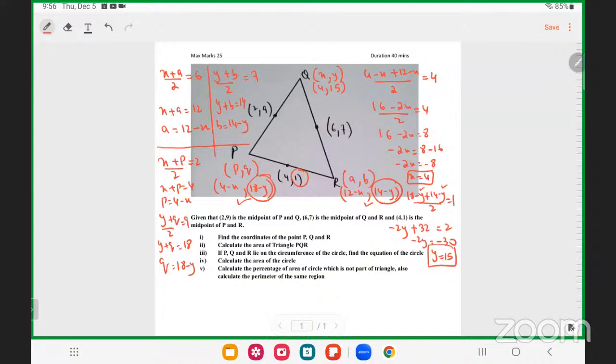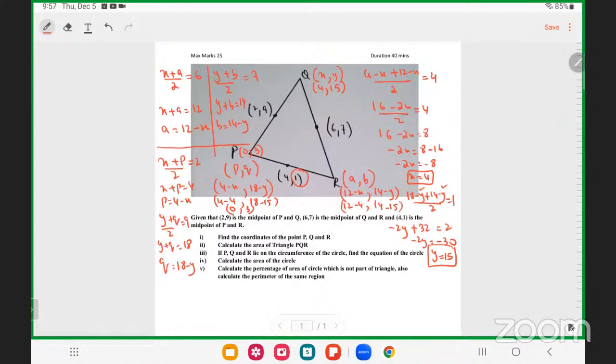So this point now becomes 4 minus 4, 18 minus 15, (0, 3). So this point P is (0, 3). R will become 12 minus 4 and 14 minus 15.